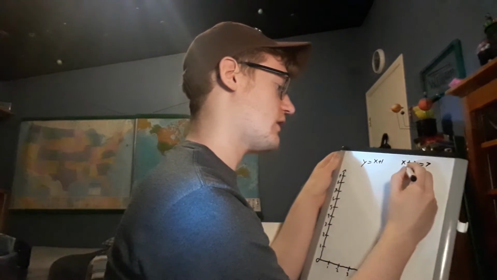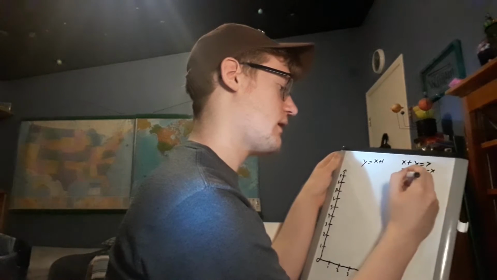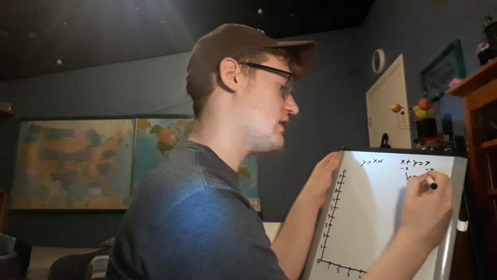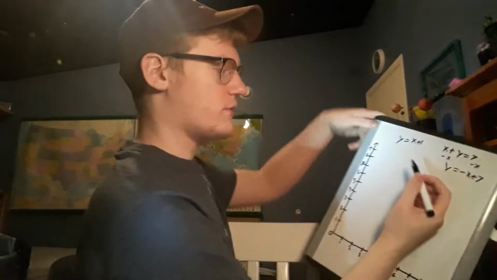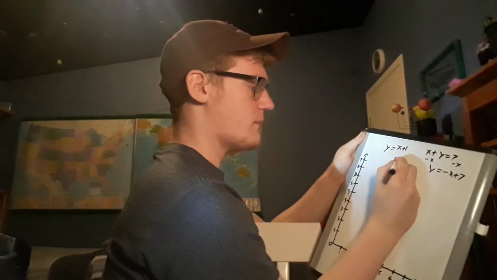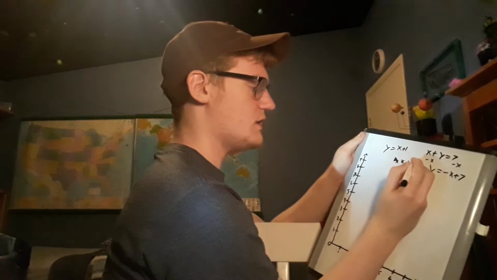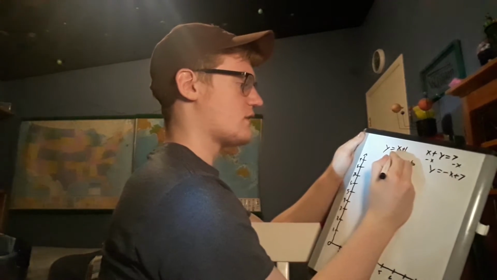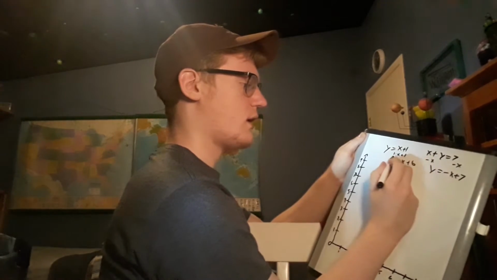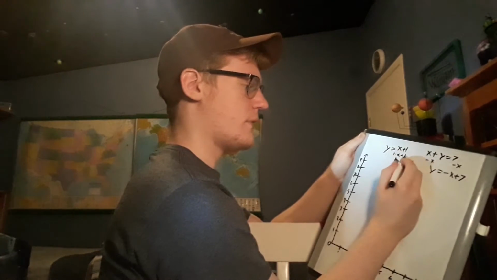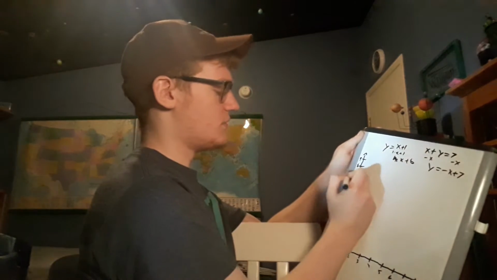So we subtract x from both sides and get y equals negative x plus 7. Now these are both in the form mx plus b. This has a slope of 1 times x, plus 1. So this is the slope, and this is the intercept up here.